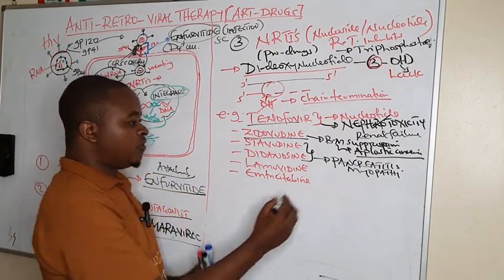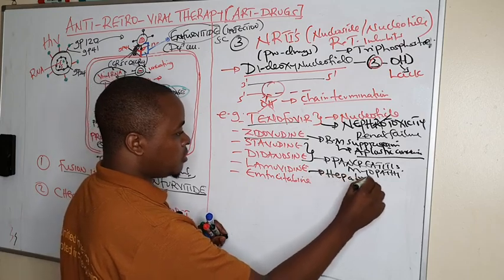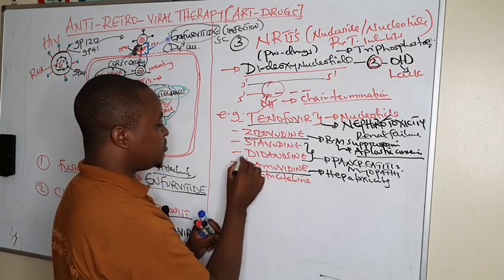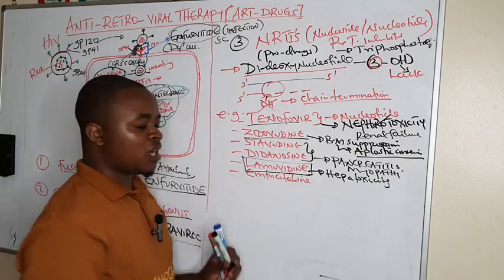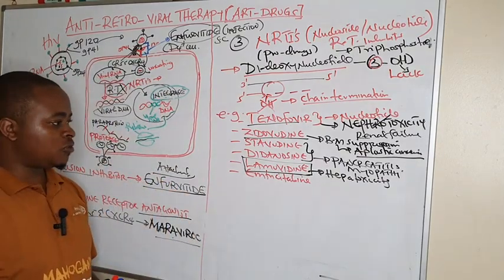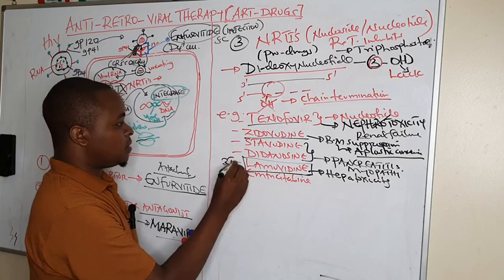Then lamivudine can also cause hepatotoxicity, and this lamivudine is the one that is being utilized in all drug combinations of HAART, highly active antiretroviral therapy, and it is known as 3TC.